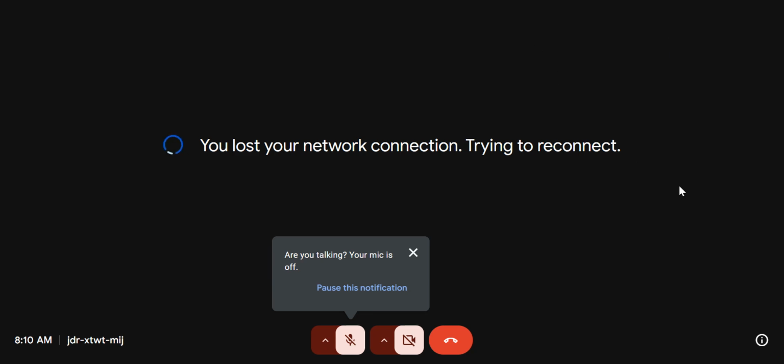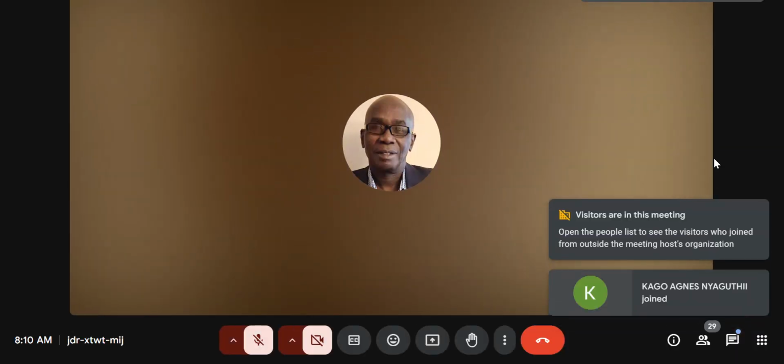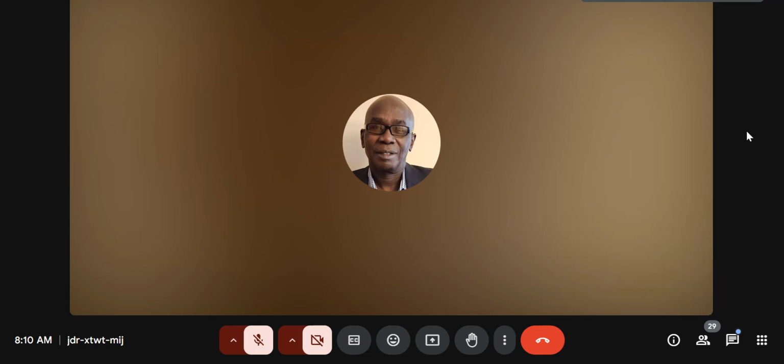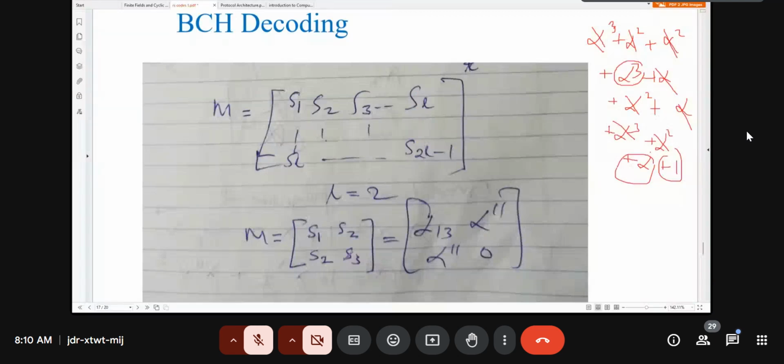This is S3. So the maximum you can get is this S1, S3. So we are not even using the fourth syndrome. We are only using the 3 syndromes in the M.